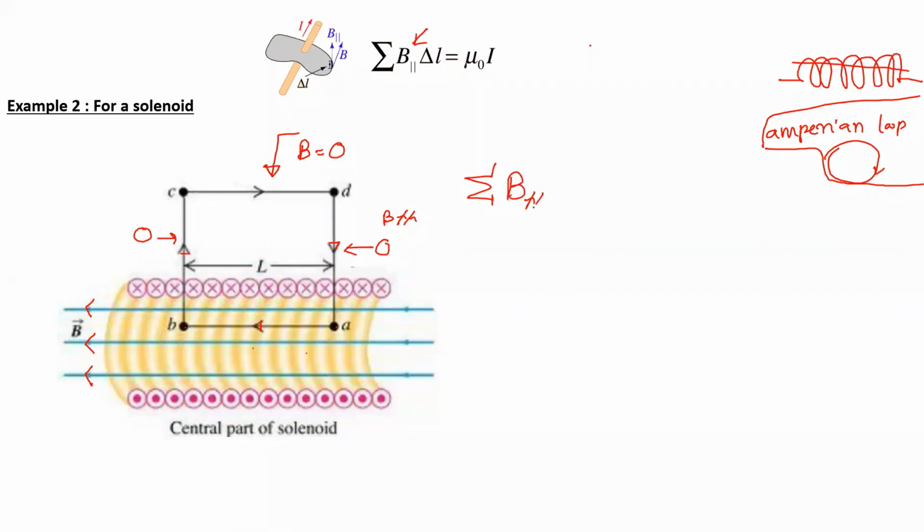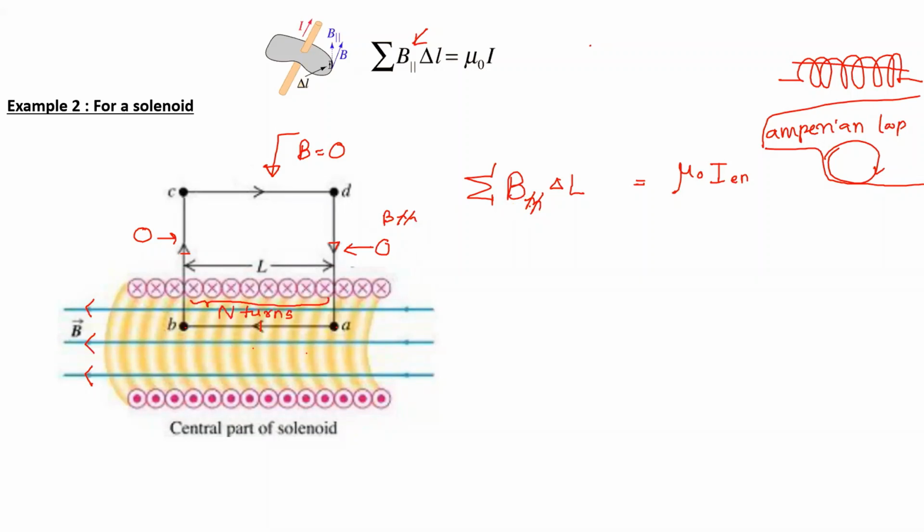We take the parallel components, multiply by the length. Throughout the loop, we do that, and it is equal to mu naught times enclosed current. Let's say there are n loops or n turns here, okay? We will need it later.